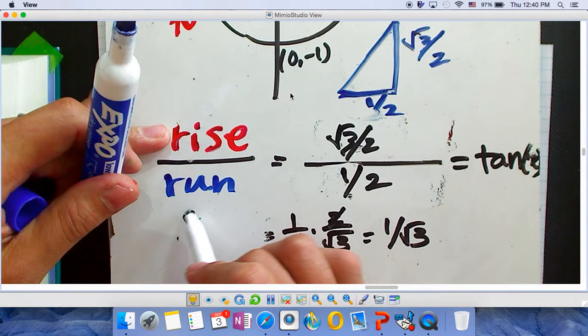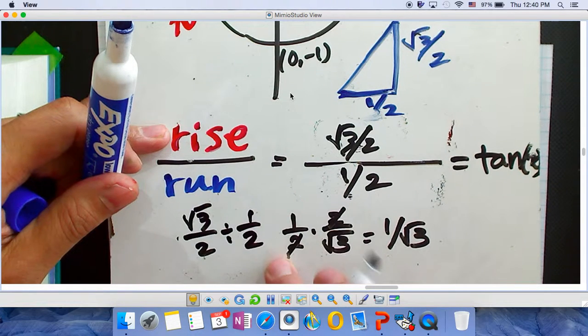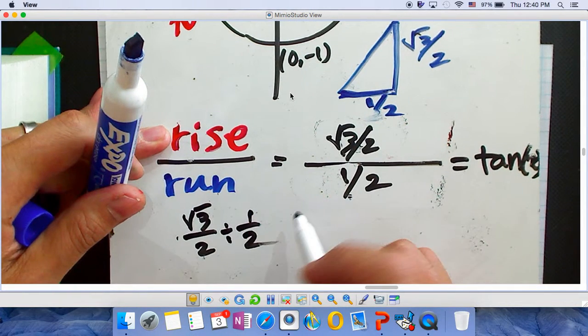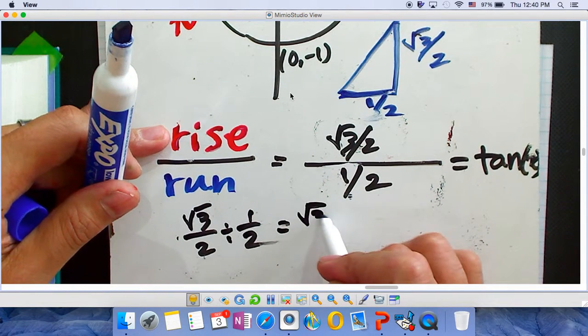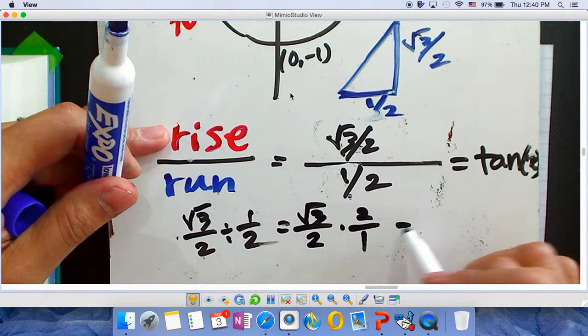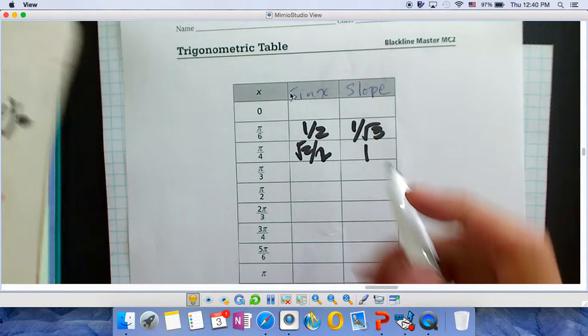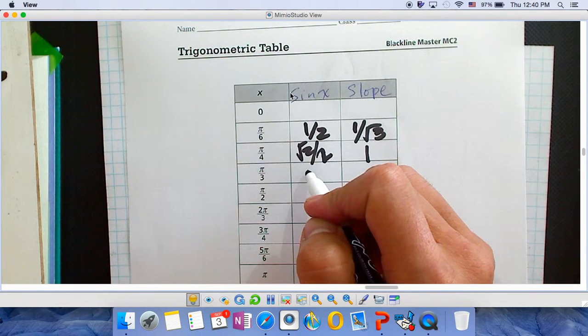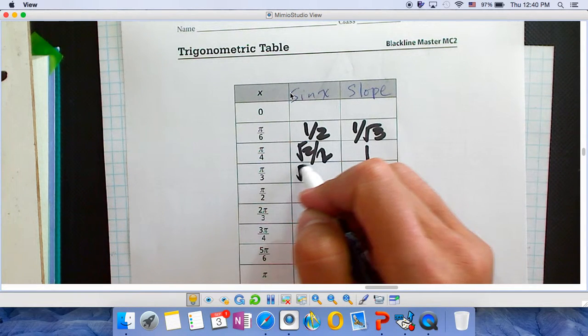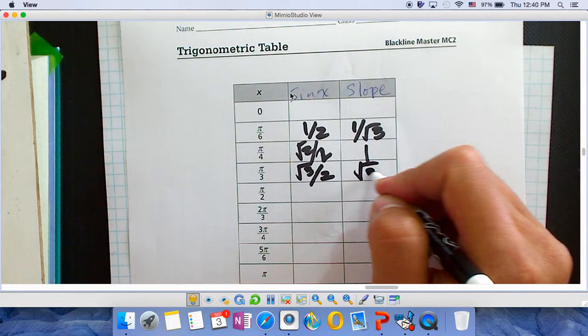Square root of 3 over 2 divided by a half is the same as multiplying square root of 3 over 2 times the reciprocal of a half, and it cancels out, so that's square root of 3. So for pi over 3, we have sine of x is square root of 3 over 2, and the slope is square root of 3. How about 0?